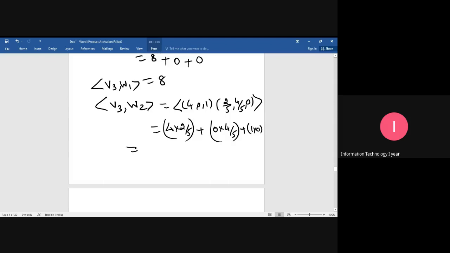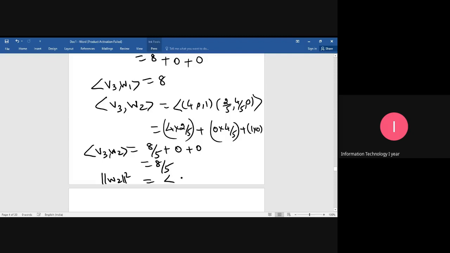So it is 8 by 5 plus 0 plus 0. So the inner product of V3 comma W2 is 8 by 5.